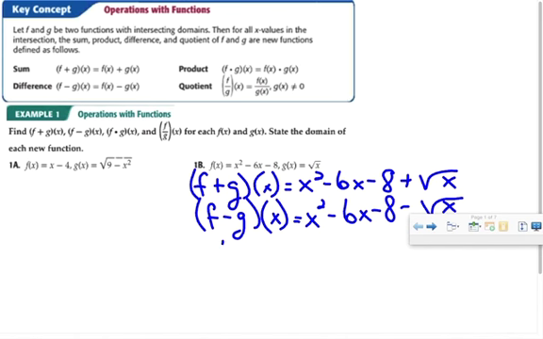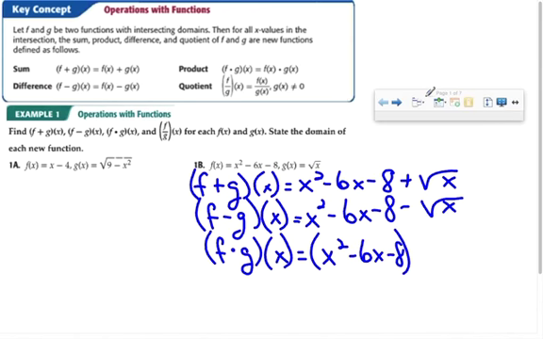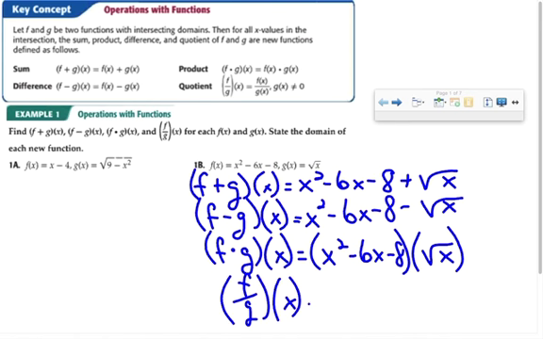Multiplying them, I would have the x squared minus 6x minus 8 multiplying by the square root of x. And finally, the quotient f over g of x is x squared minus 6x minus 8 over the square root of x.